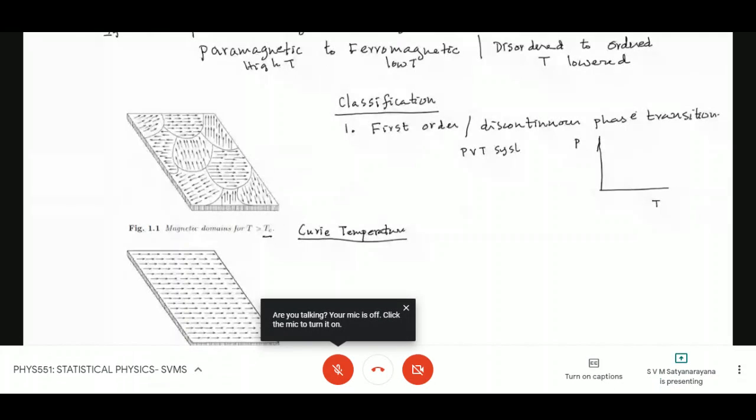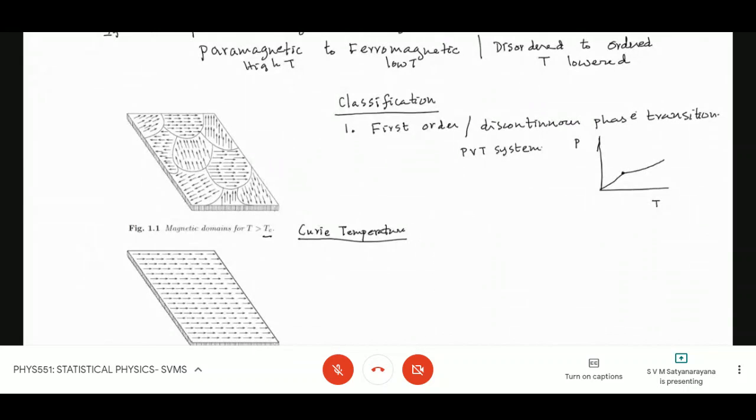You see that it has a triple point, and then there is a liquid-gas coexistence curve which terminates at a critical point, and then there is a solid-liquid coexistence curve which does not terminate. This is liquid, and this is gas.